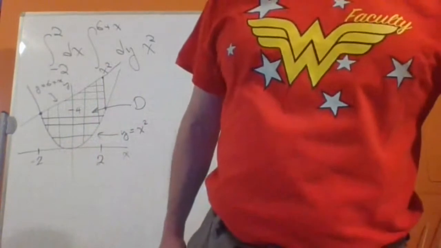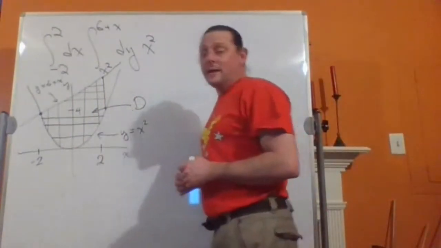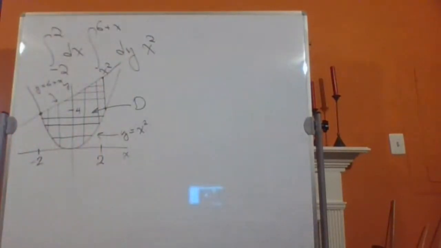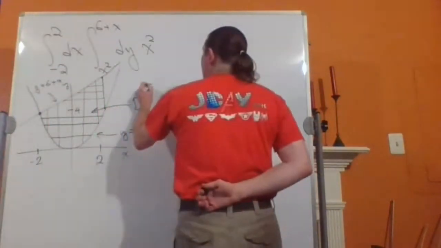From the diagonal line to the vertical line. So that means if I'm going to try to send y out first, I have to split it up into two integrals. One that takes place when y is less than 4, the other that takes place when y is greater than 4. So let's see how we'll do that.